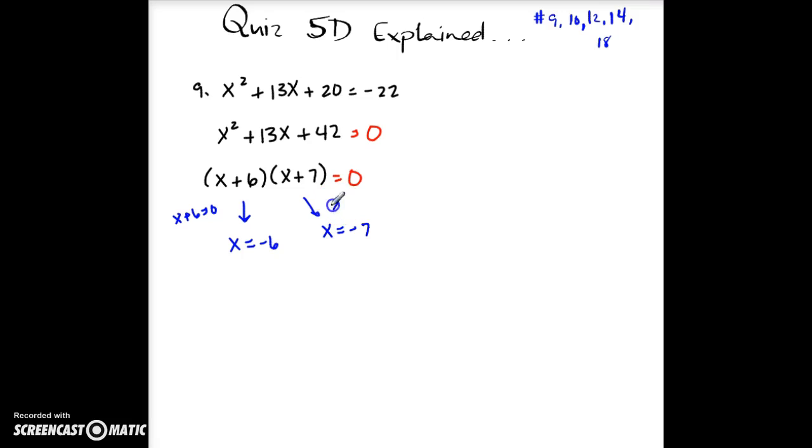Separate scenario, what if the second parentheses was equal to 0? So x plus 7 equals 0, and that's how we get x equals negative 7. So the final answer for number 9 is right here, that x equals negative 6 and x equals negative 7. So we're beyond just simply stopping once we factor. You have to actually find these roots, so you want to explain what those values are.